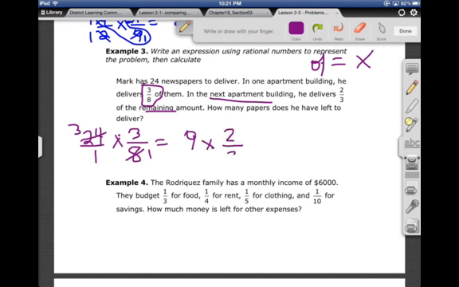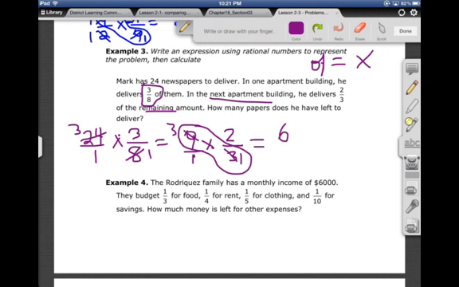This is why you want to remember about your cross-canceling and putting any integer value over 1. 9 and 3 can be cross-cancelled. Divide out their greatest common factor, which is 3, and you get 6 as your answer.